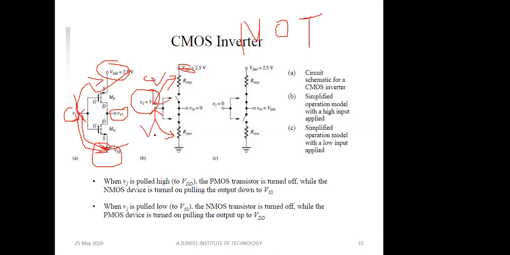And over here it will be some VDD value between gate and source for the N channel. The lower transistor is N channel, the upper one is P type. So this will be on because we are applying some voltage which is higher than the threshold voltage. But this is 0 volt between gate and source for the P channel, so this will be off.